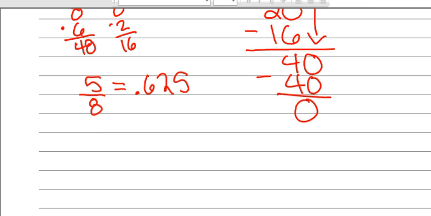So let's try converting 17/4 to a decimal. So again, I'm going to divide the bottom into the top.